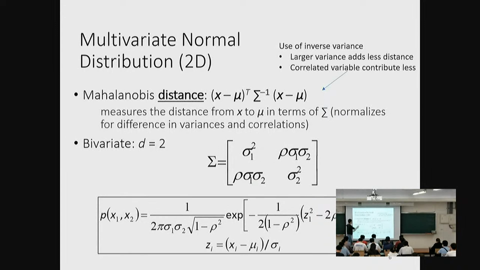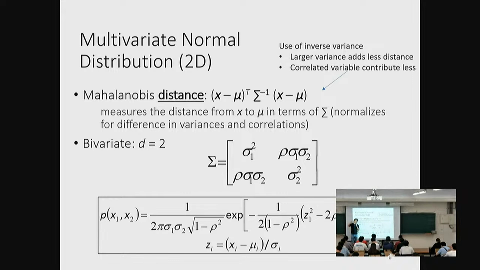The Mahalanobis distance measures the distance from x to mu in terms of sigma, normalized for different variances and correlation. Here it uses an inverse. The larger variance adds less distance, and correlated variables also contribute less to the distance.